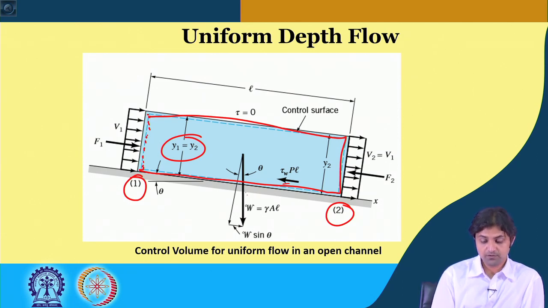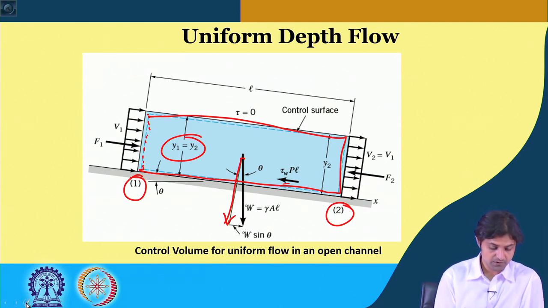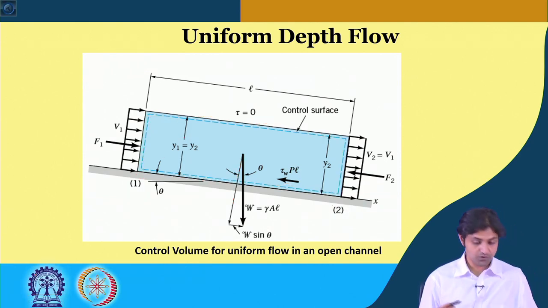If the weight is W, one of the components will be acting perpendicular to the surface, and one will be acting along the surface. So, using the force balance and the continuity equation, we are going to derive something now. Let us go and see.